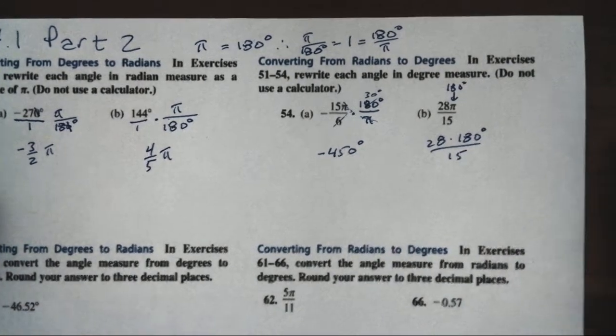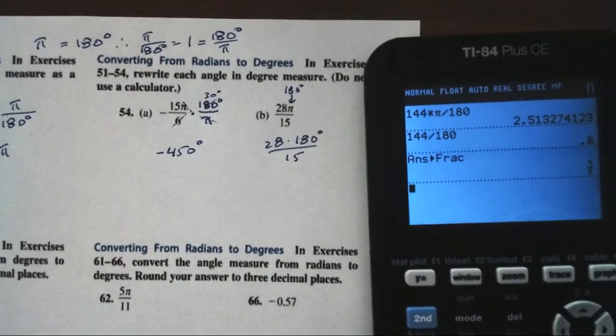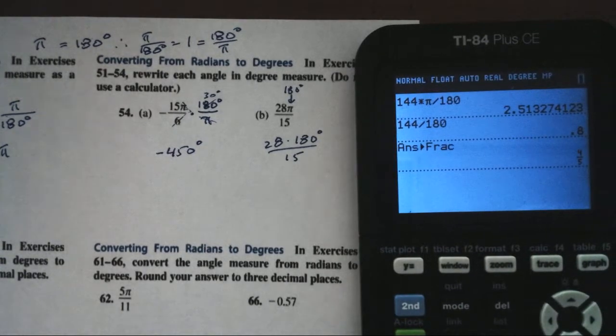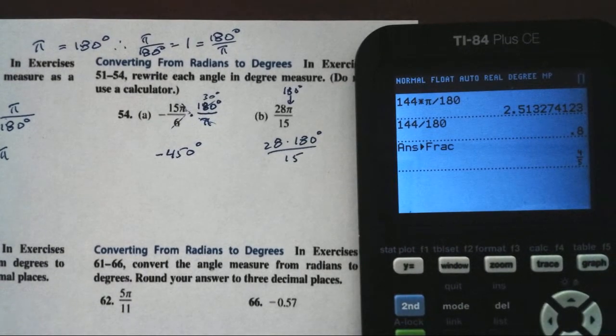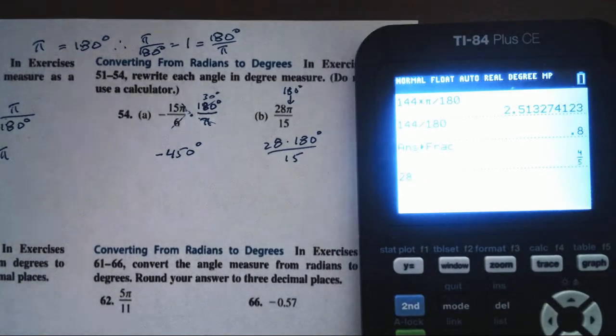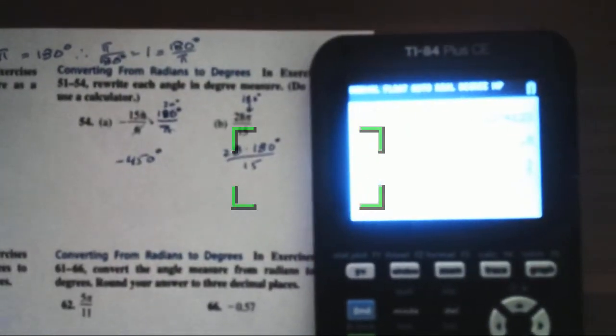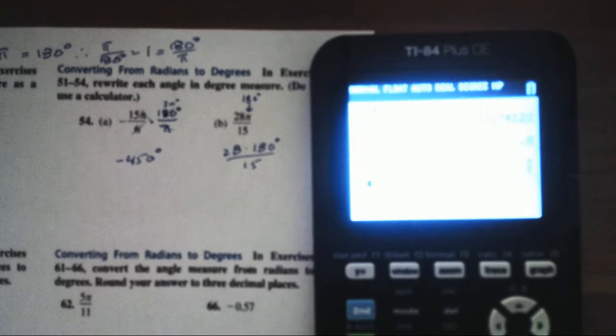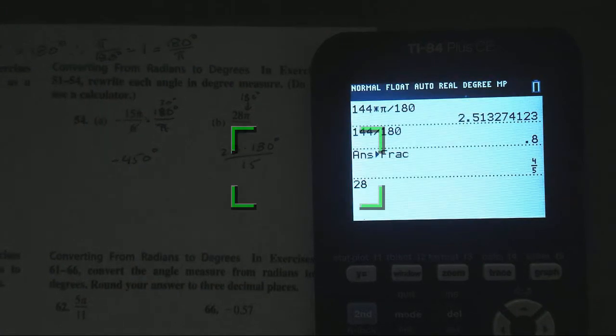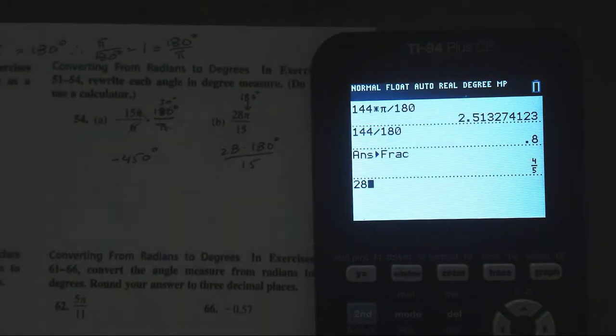Again, there's a lot of canceling going on, and I'm happy to do that with you, but I'm going to go through this on the calculator. We'll go 28 times 180 divided by 15, and we get 336 degrees.